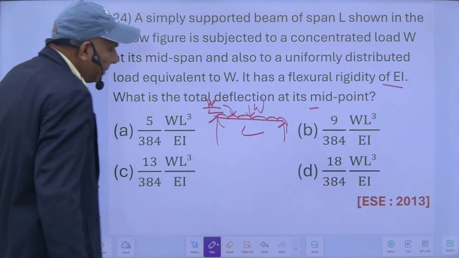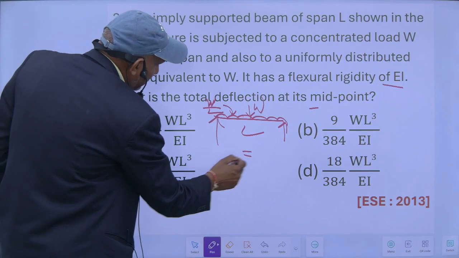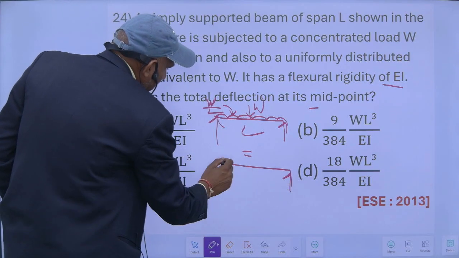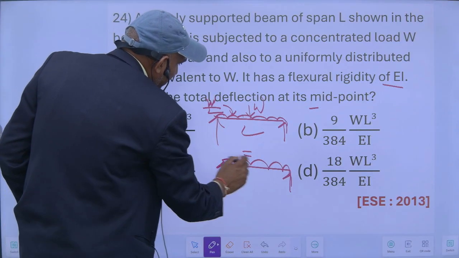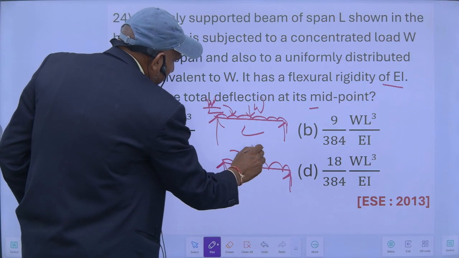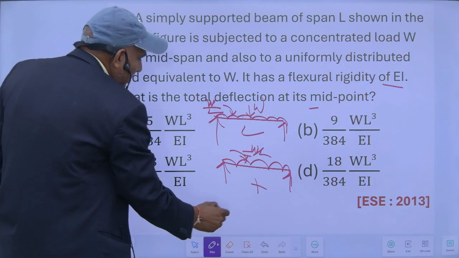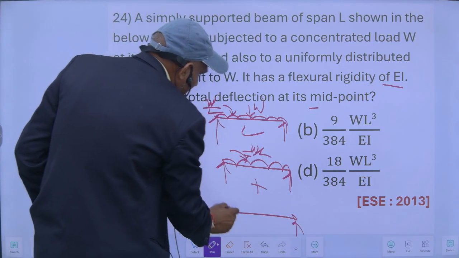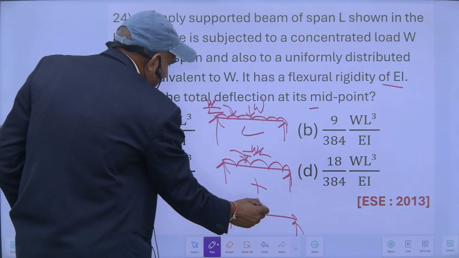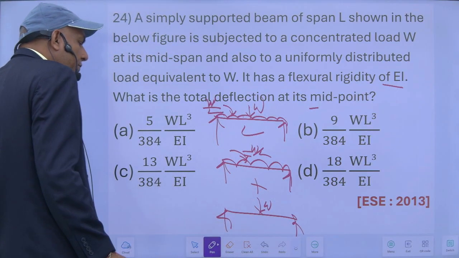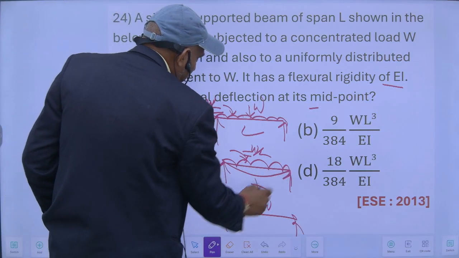So my deflection will be, this is equal to my deflection due to this UDL, which is W upon L, is the intensity, plus my deflection due to this W. So this is a principle of superposition. So these will be deflections.